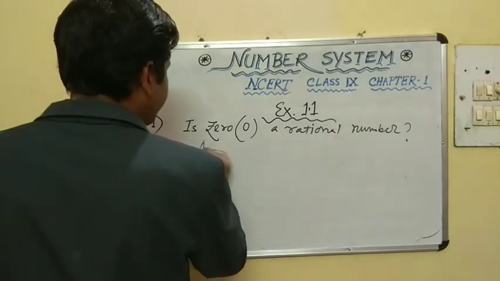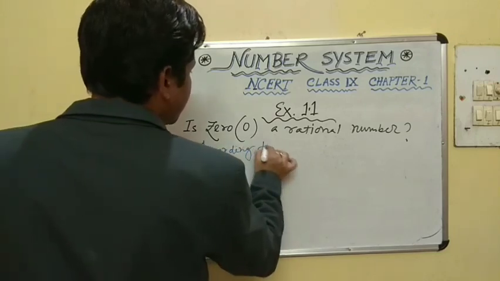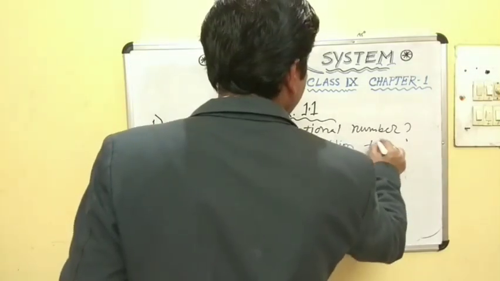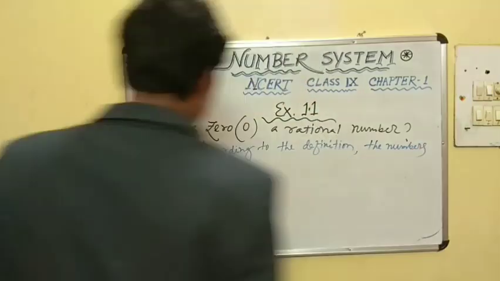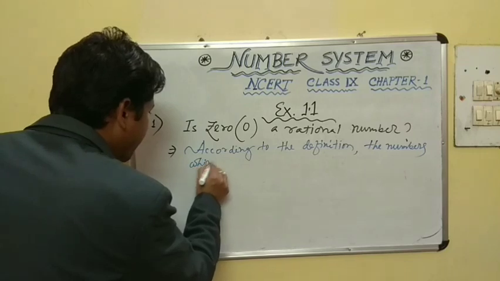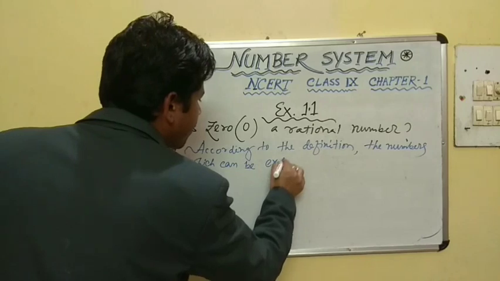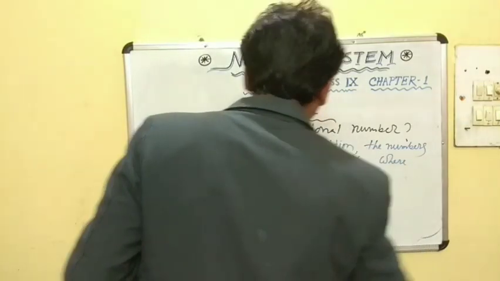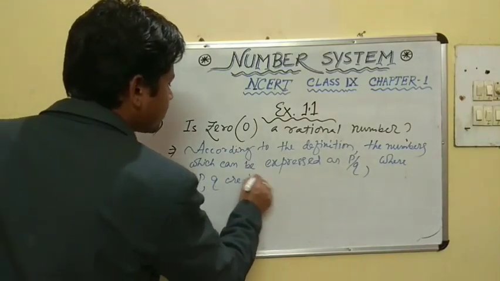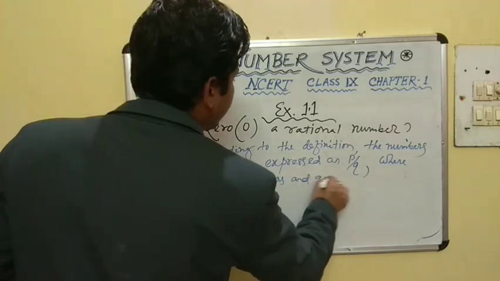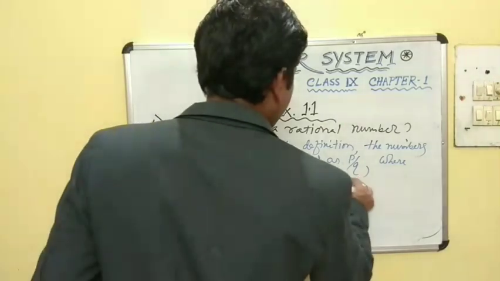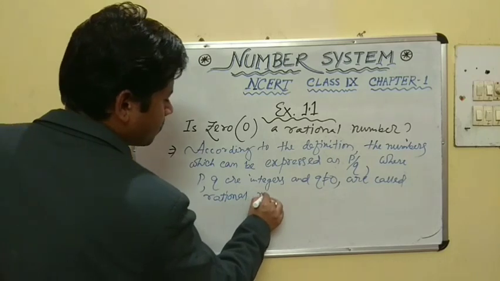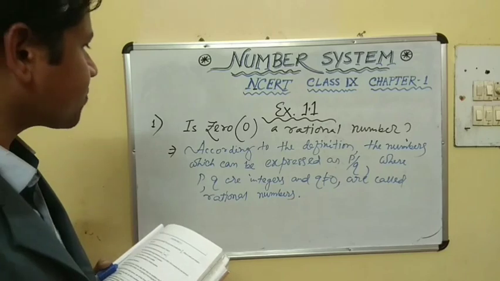We know that according to the definition, the numbers which can be expressed as P by Q, where P and Q are integers and Q not equals to 0, are called rational numbers according to the definition.